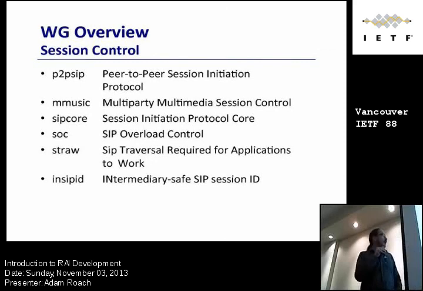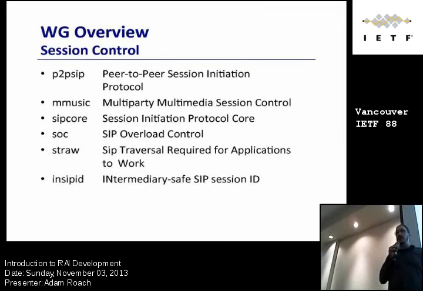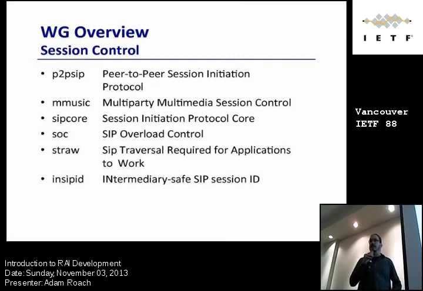We have STRAW. This working group is defining what SIP intermediaries that aren't just standard SIP proxies can do to maximize the chances of services working through them. There are a large number of nodes out there that, for various reasons, end up in the middle of a SIP call.